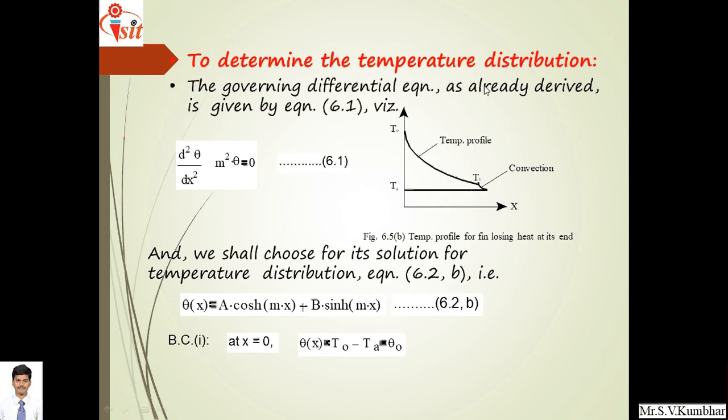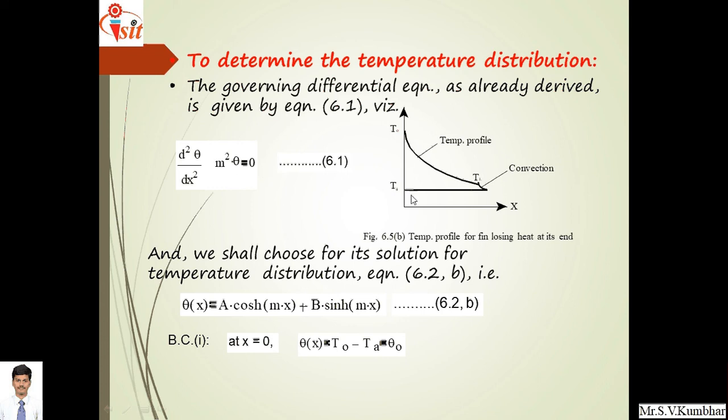So to determine the temperature distribution, again try to recall the governing differential equation that we had already derived in the first part, that is d2 theta/dx squared minus m squared theta, which is equal to 0.